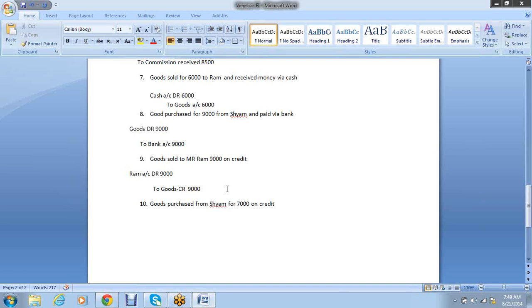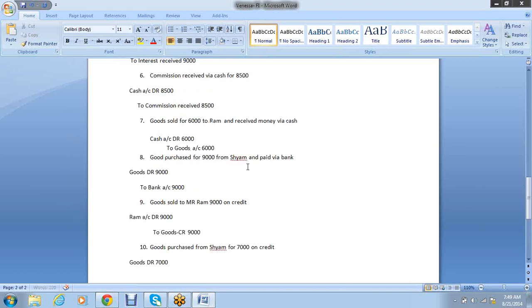So it's Sham's account and the goods account. What is coming in? Goods from Sham. So the goods account is debited. Correct. Why is it debited? Because the goods are coming in.